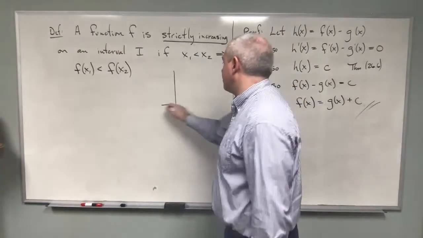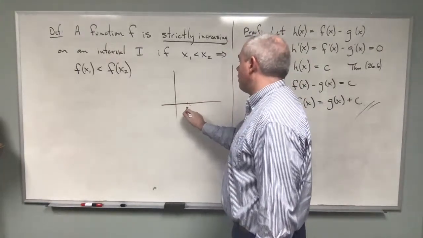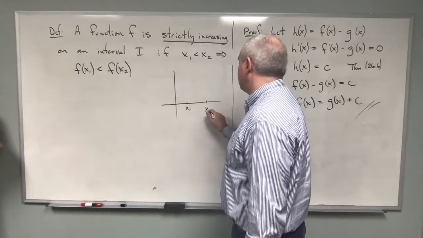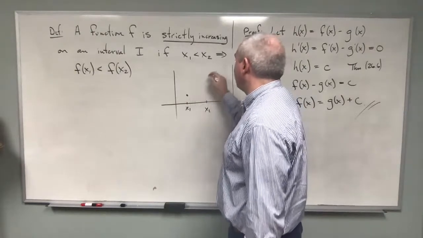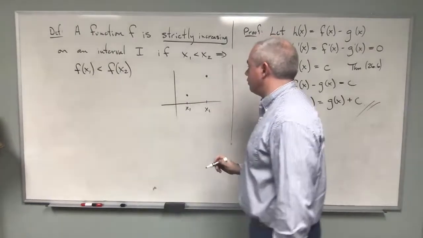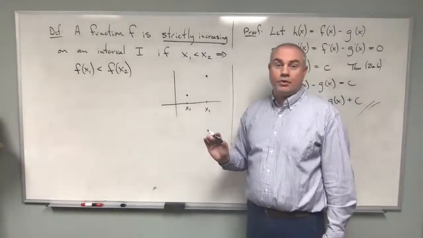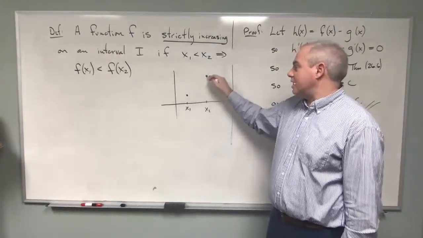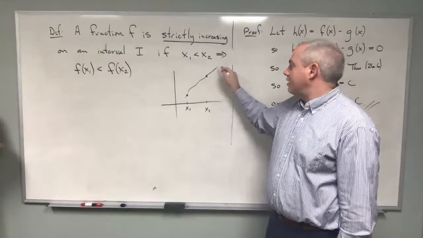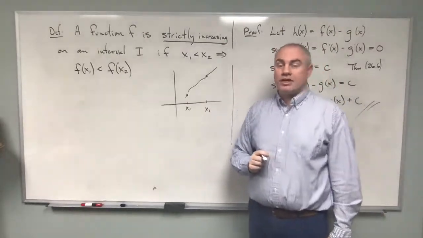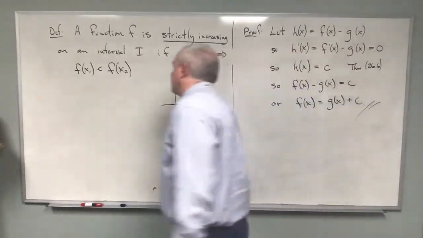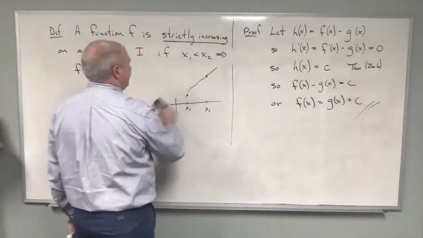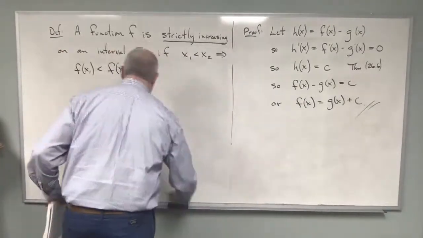If you wanted to look at this on a graph, take an x1, take an x2. If f of x1 then is less than f of x2, and that's true for any 2 points you take, then it must be kind of making its way upward.